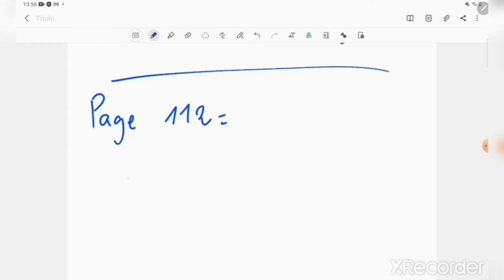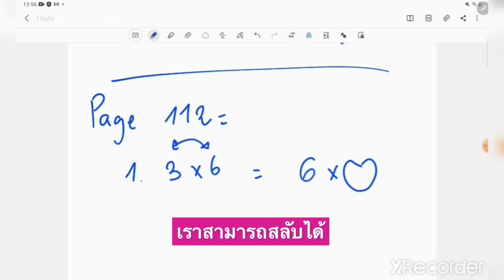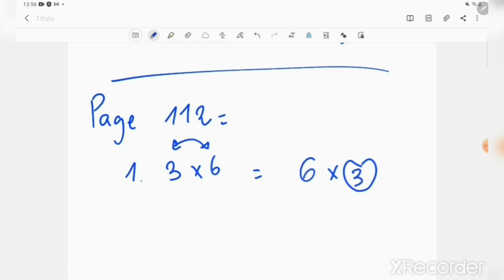And number one, you got 3 multiplied by 6, and it equals 6 multiplied, and then you have a space like this. So as we said, we can switch the position of the numbers, so the answer would be 3.